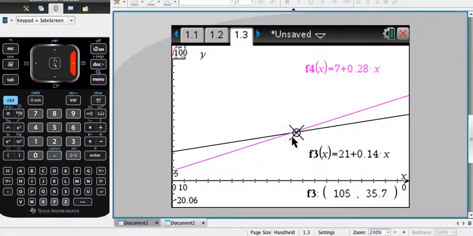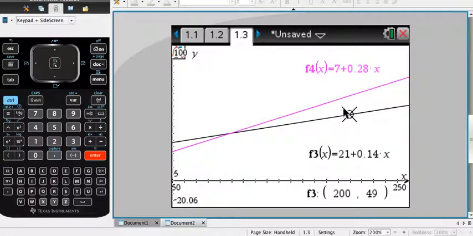At the moment it's on the black equation you can see here, which was 21 plus 0.14x. That is the first package. Now if I just enter any number in at the moment, I'm going to type in 200 and press enter. It's going to give me the coordinate at that point, and have a look, it's at the bottom, 249. So I know that the first equation passes through that point.